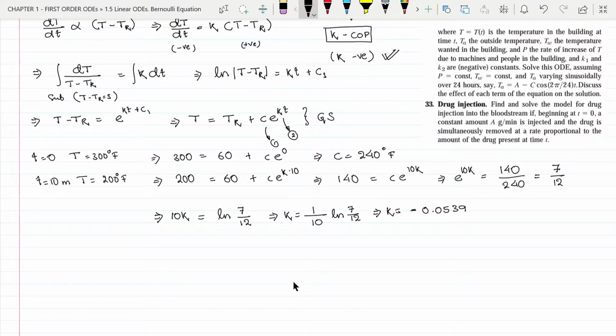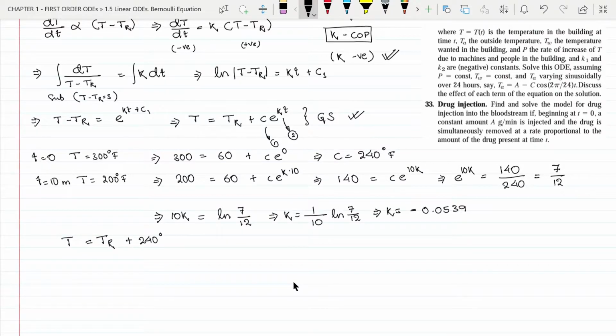So let us now put the values of C and K in the general solution, this one, to get the mathematical model. So the mathematical model for the system is temperature of cake equal to temperature of room plus C, which is 240.